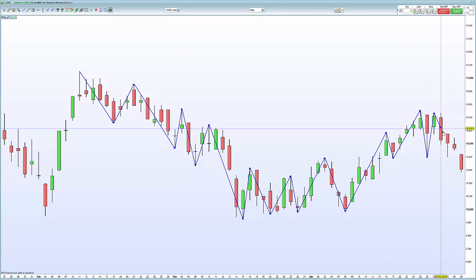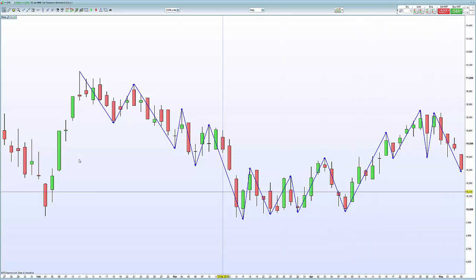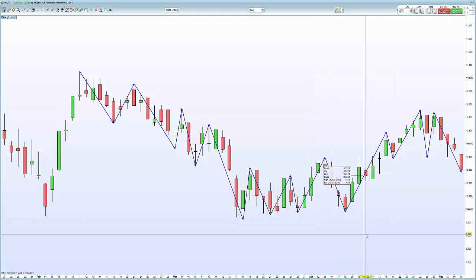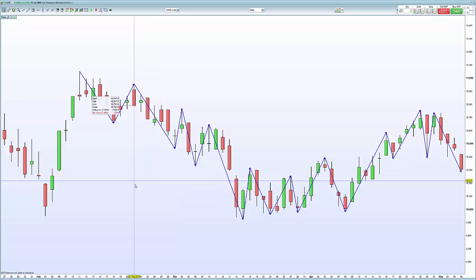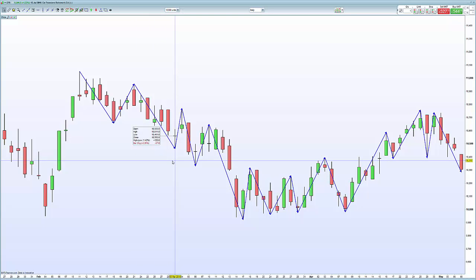Right, so as I said, the drawing of these lines we covered in part 1 of our basics video series. What I want to focus on now is, what does this all mean? Once we've drawn our price structure, you'll recall that one of the key things is we are not being subjective in how we draw it.